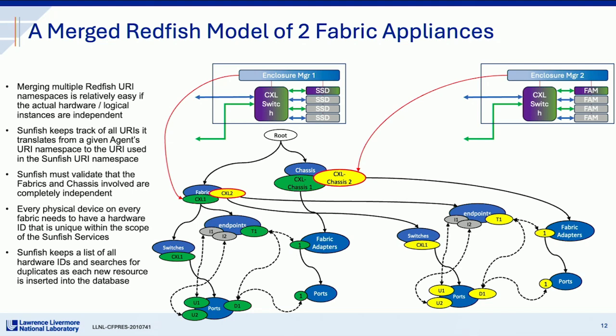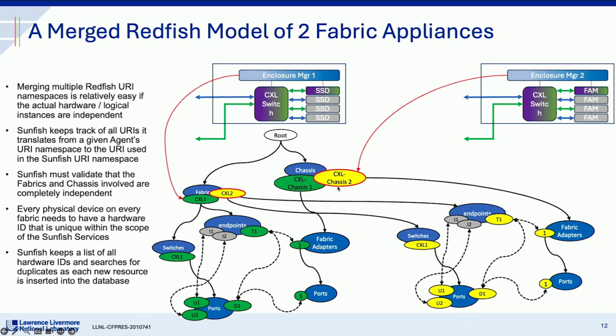And so this is an example of what the merged model of two fabric appliances looks like. So, you have some kind of CXL switch here and this is an enclosure for a fabric attached memory device. And then you have like an NVMe enclosure or SSD enclosure here. And both of them see the same CXL fabric.